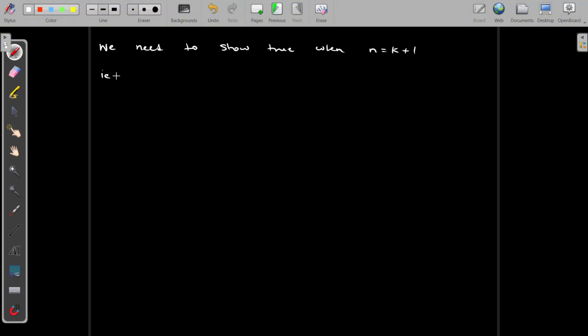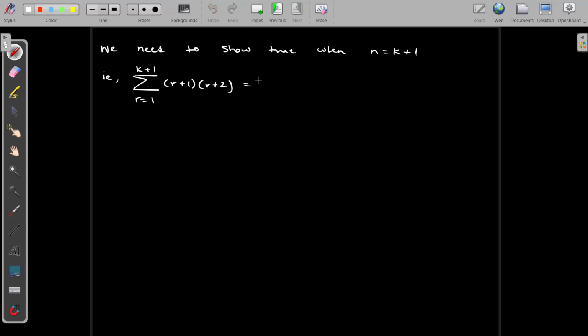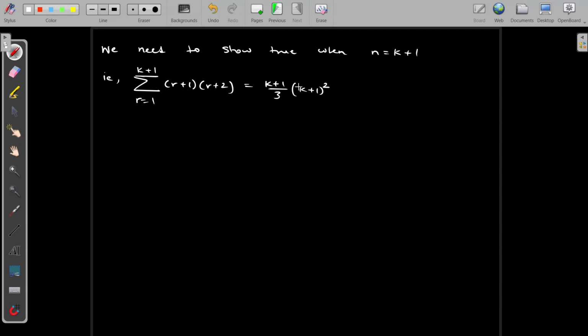That is, the sum up to k plus 1, of r(r plus 1)(r plus 2) for r equal to 1, is equal to (k plus 1) over 3 times (k plus 1) all squared.